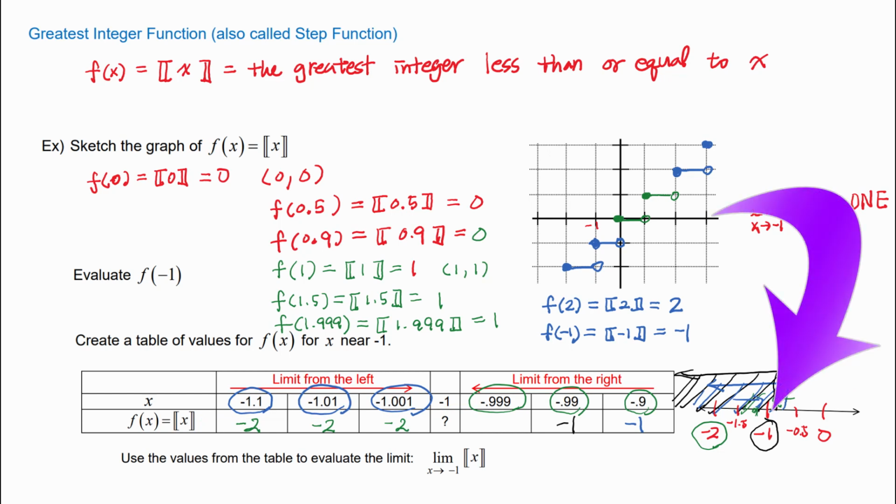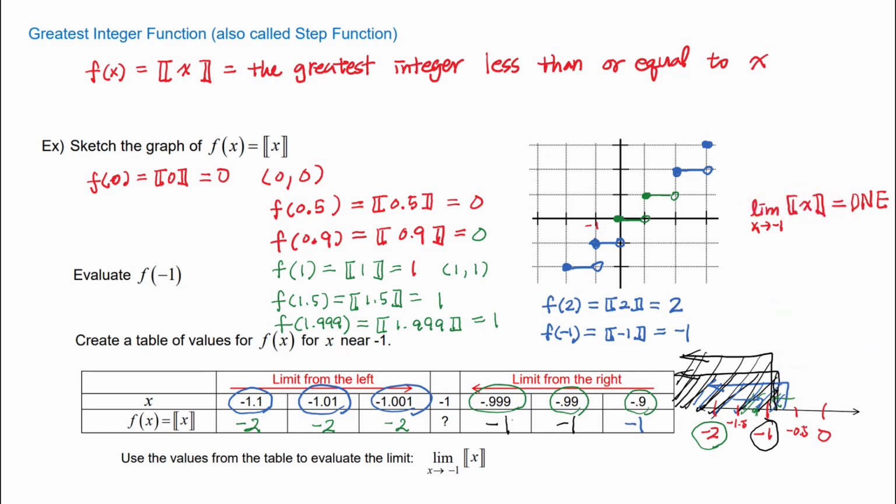That's still on the right-hand side of -1, so let's say it's here. The greatest integer less than or equal to -0.999 is still -1. So you can conclude that your left limit is -2, and your right limit as x approaches -1 from the right is -1. Therefore, the limit of the greatest integer function as x approaches -1 does not exist. That's the conclusion.